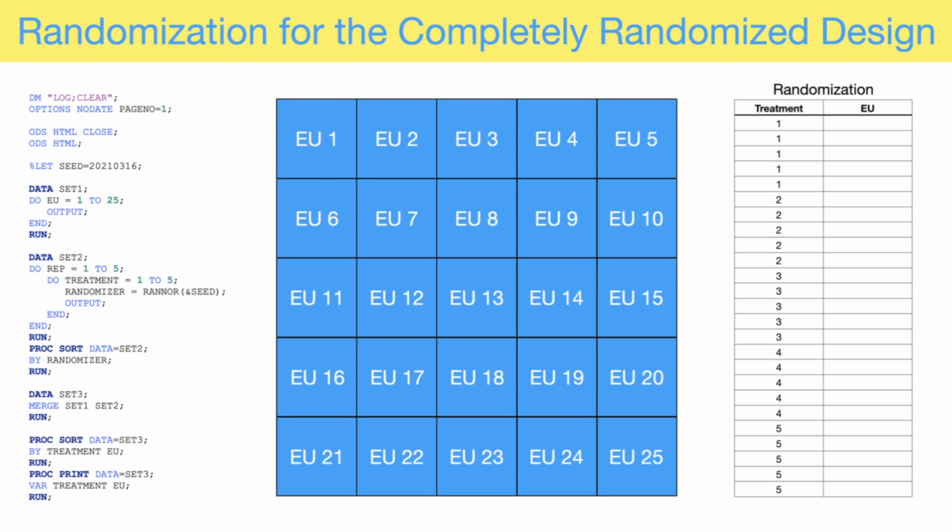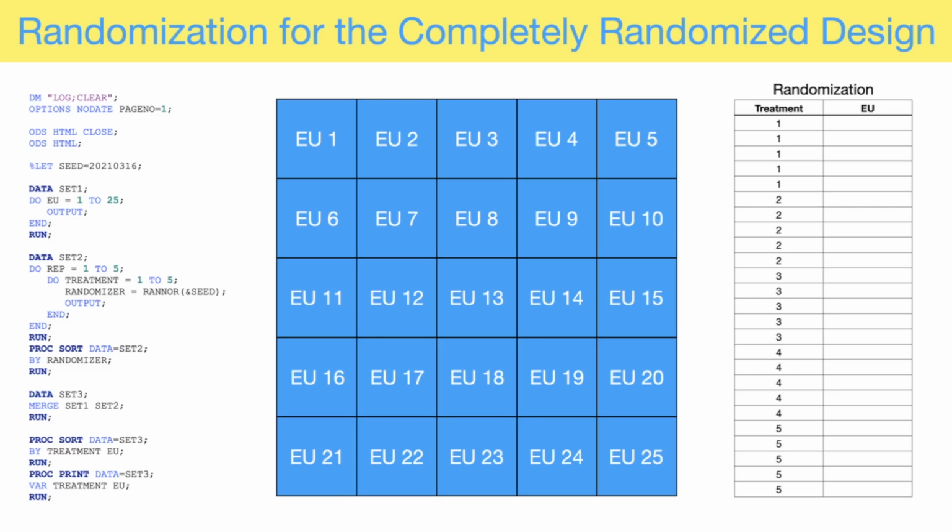randomization. Now here on the screen I have on the left side a SAS program to perform the randomization for a completely randomized design for this situation. On the right hand side I've listed out the randomization schedule.